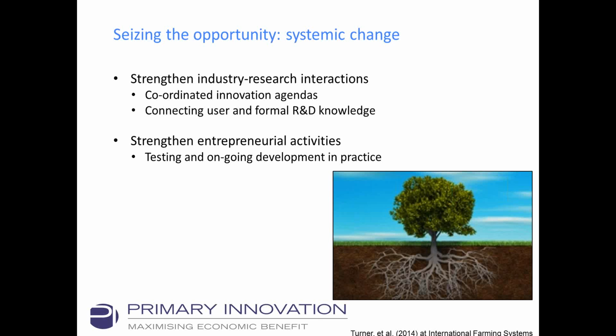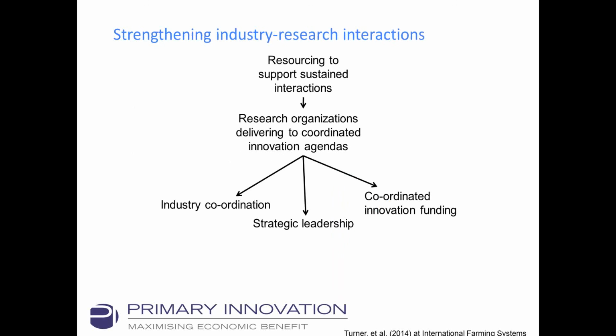And then the other one is strengthening entrepreneurial activities, mainly focusing in this case on the ongoing testing and development in practice. So how would you actually solve a problem of lack of industry and research interactions, or enhance the opportunity would be a more positive way of saying it. So it's getting these research organizations and the industry together, as I pointed out, to get more coordinated innovation agendas.